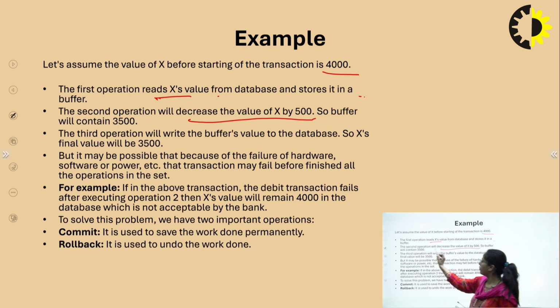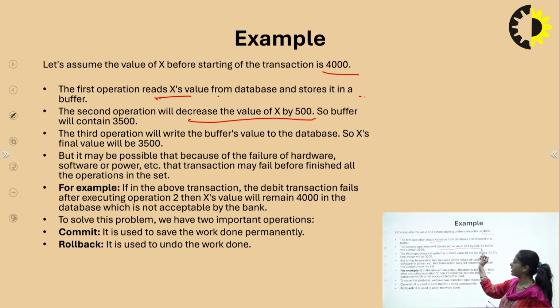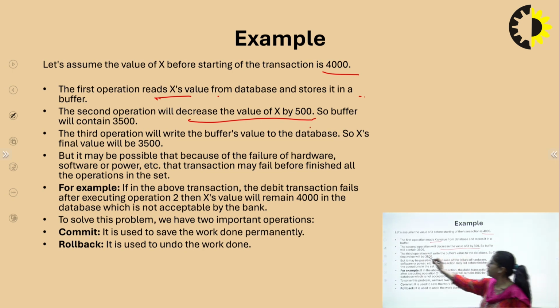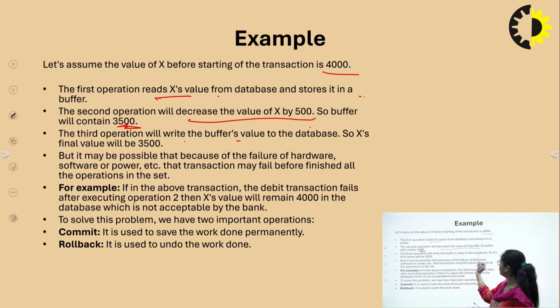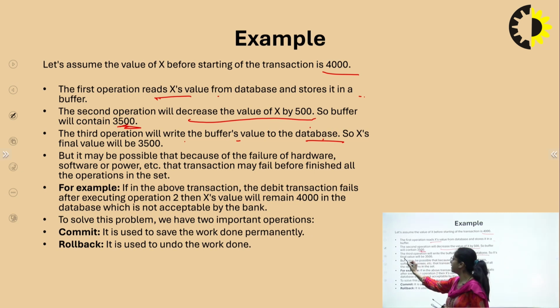So the buffer will contain 3500. The third operation is W of X, the write of X, which writes the buffer's value to the database. So the X value will be 3500.